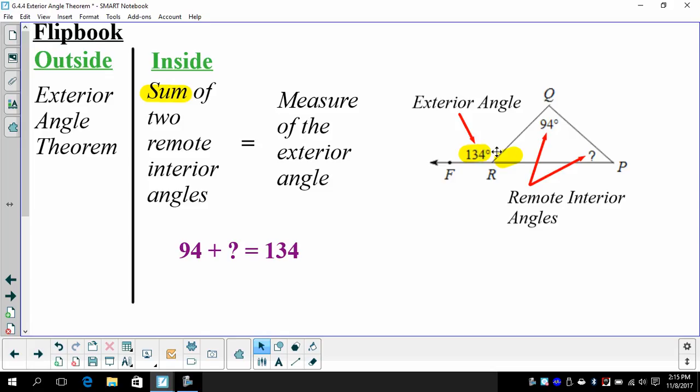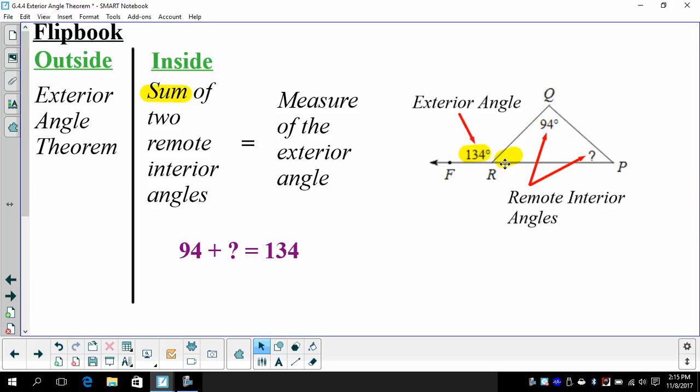This 134 and this interior angle here that is not the remote interior, they're a linear pair, so they should add up to 180. These two angles, 94 and question mark, if I add them to this other angle, all three of them should add up to 180.